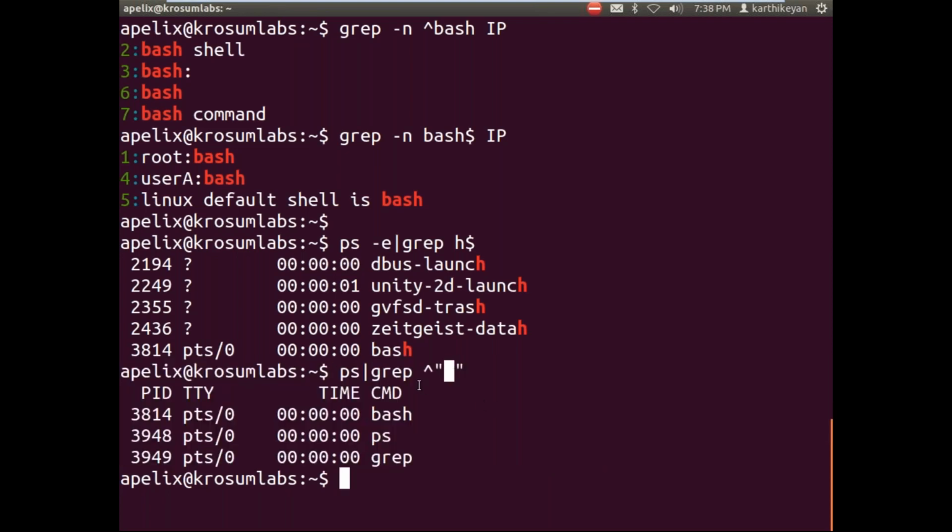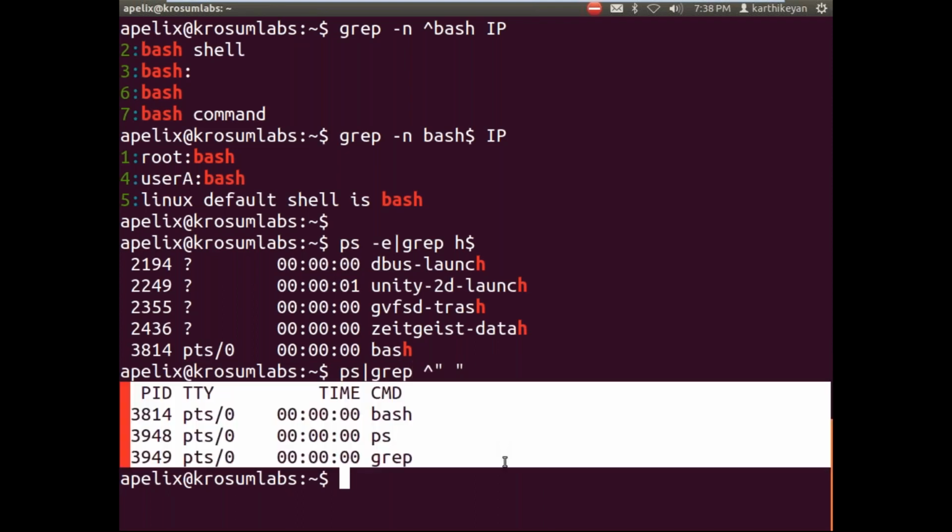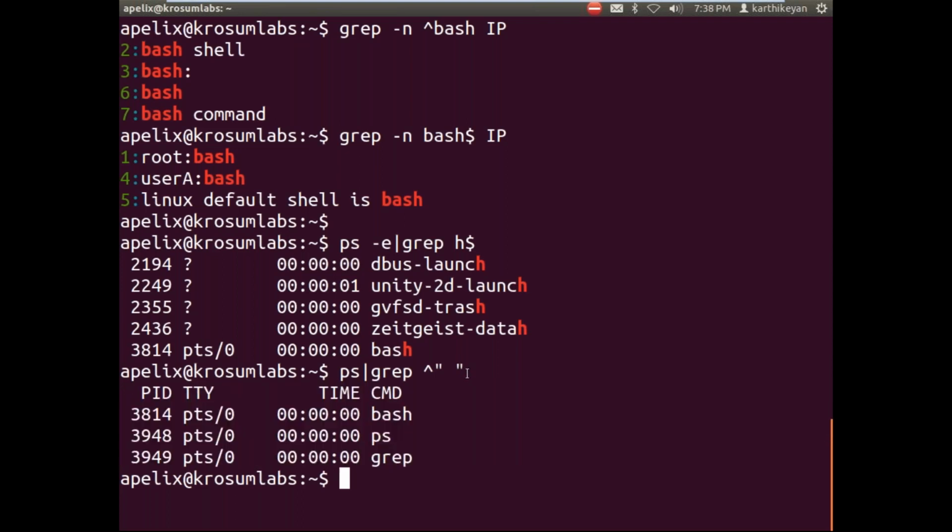The space is one character where the line starts with the space. Space we can highlight, then only it is visible. So within quotation, we have to highlight the space to identify it. If you put a dollar at the end, it means the line ends with the space. If you put the dollar symbol, pattern dollar.